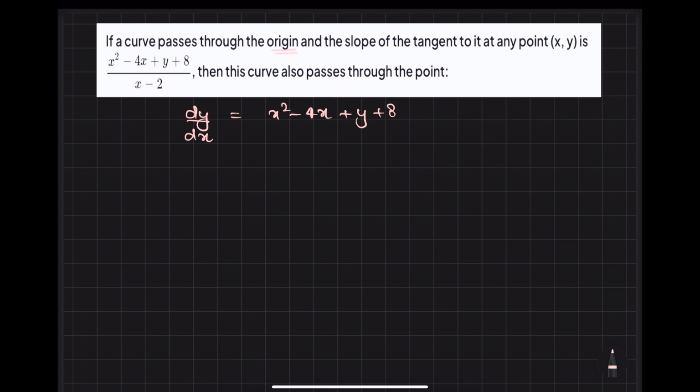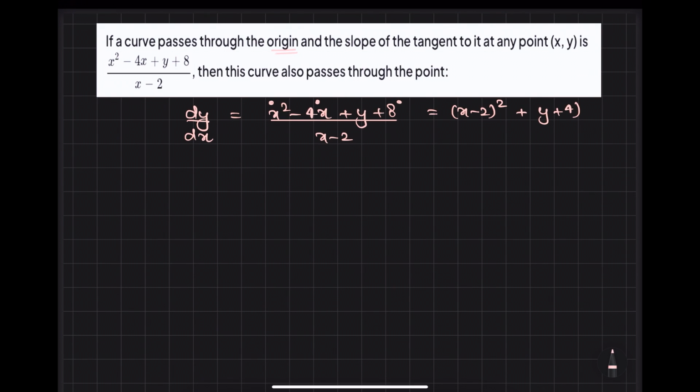Okay, and then we have the denominator as x minus 2. If you observe, you can break down that numerator into x minus 2 because you have x square minus 2ab, and from here if you take 4 it will become 2 square. So can I write x minus 2 whole square, and then we will have y plus 4.